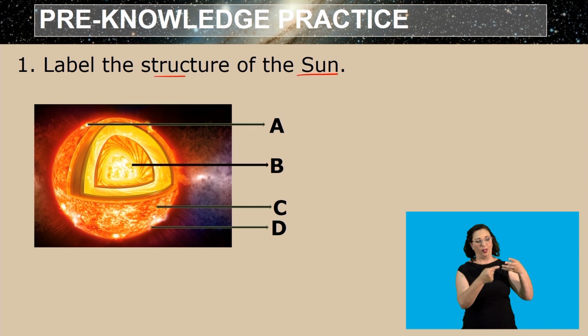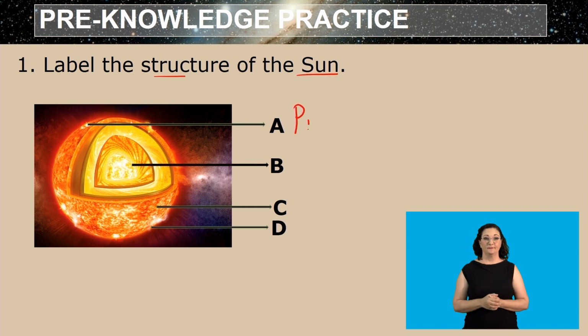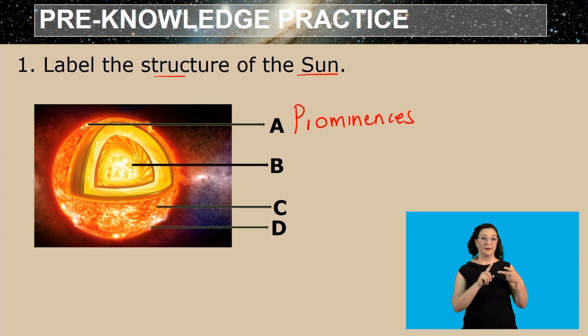Now, let's look at letter A. Letter A represents our prominences. Okay, that is letter A. And then let's look at letter B, which represents the core. This is where the nuclear fusion takes place inside the sun, where the hydrogen gas is converted to helium gas.